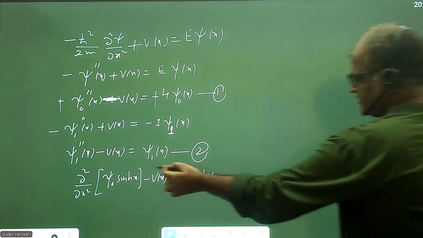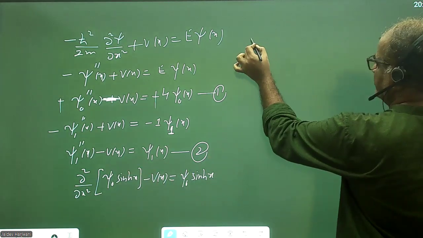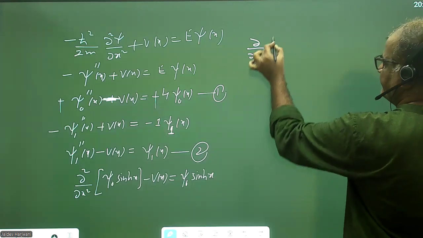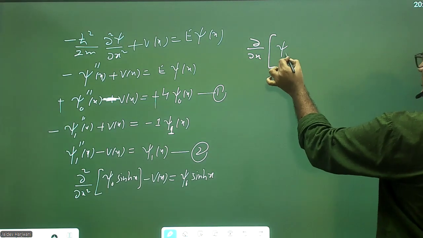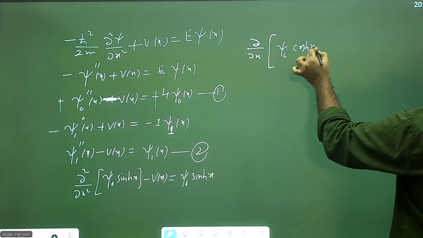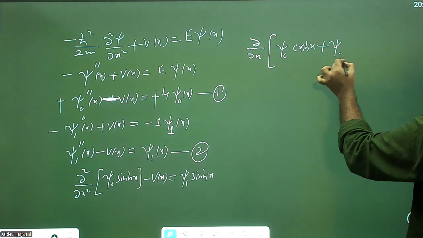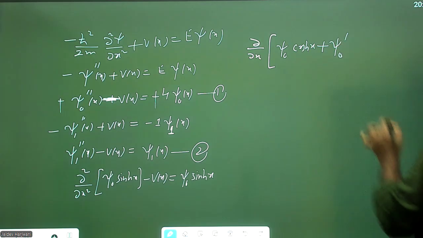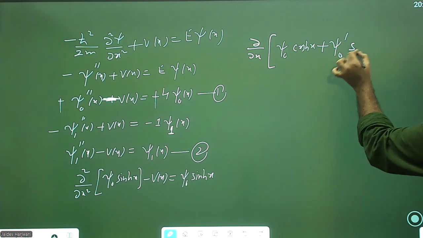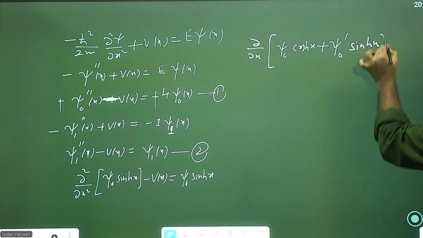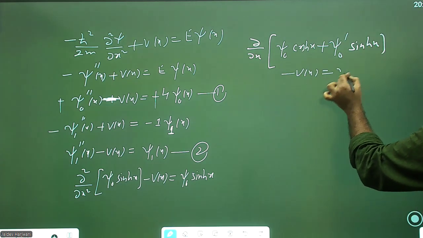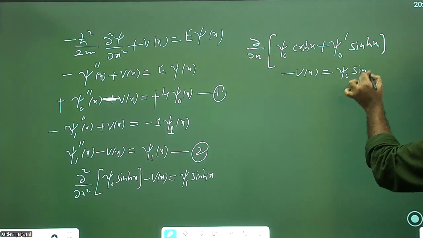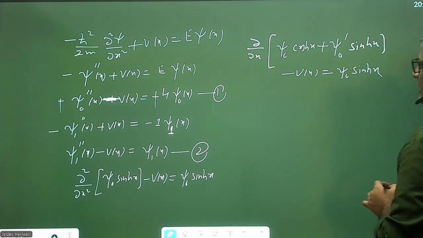Now let us differentiate twice. If you differentiate one time, you get psi naught dash sine hyperbolic x plus psi naught cos hyperbolic x.